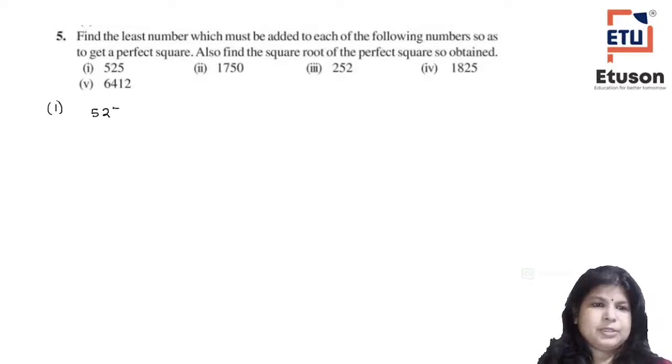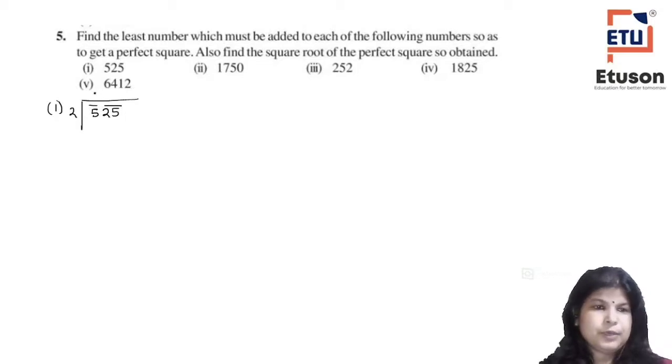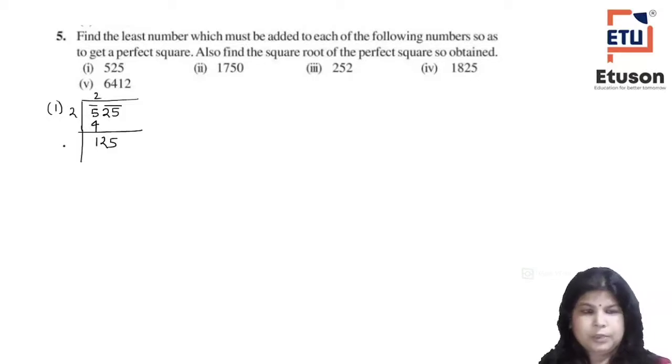Again the same procedure. First we will try to find out the square root. So 525: 2 square you get 4, then 125, you get 4, then you can take 2, 2, 84, and your remainder is 41.